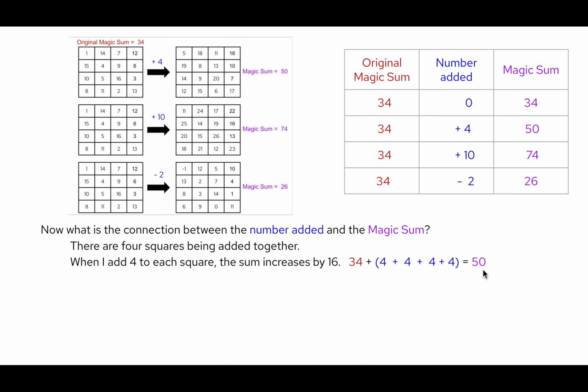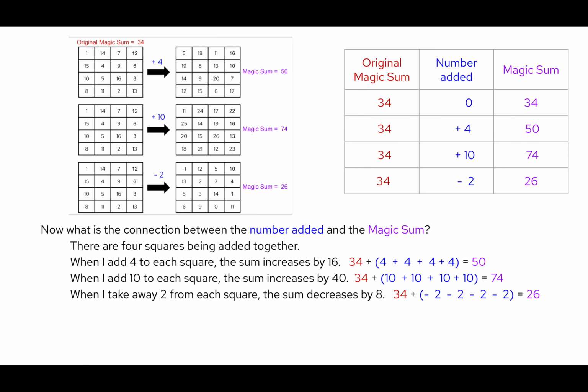And that sum together for my new magic sum is 50. When I added 10 to each square, the sum increased by 40 because I had to add 10 4 times because there were 4 squares. 10 plus 10 plus 10 plus 10. So that gave me 74. And when I had to take away 2 or add -2, I had to do it 4 times. So my new magic sum was 26.